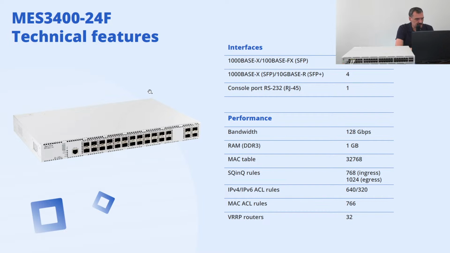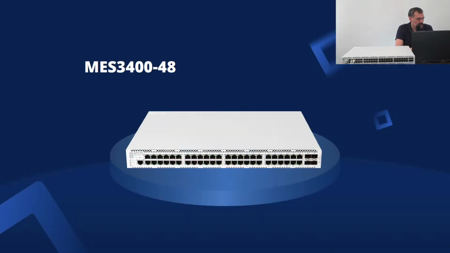The total bandwidth is 128 gigabit per second, and there is a decent RAM, which is 1 gigabit, and the MAC address table is around 32,000 entries. We have some really cool features in this model and in other models of this series. We will talk about them a bit later.